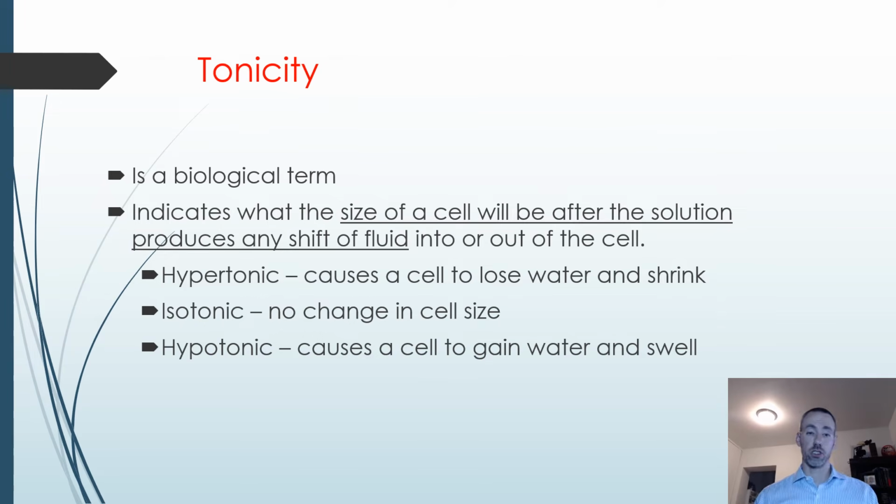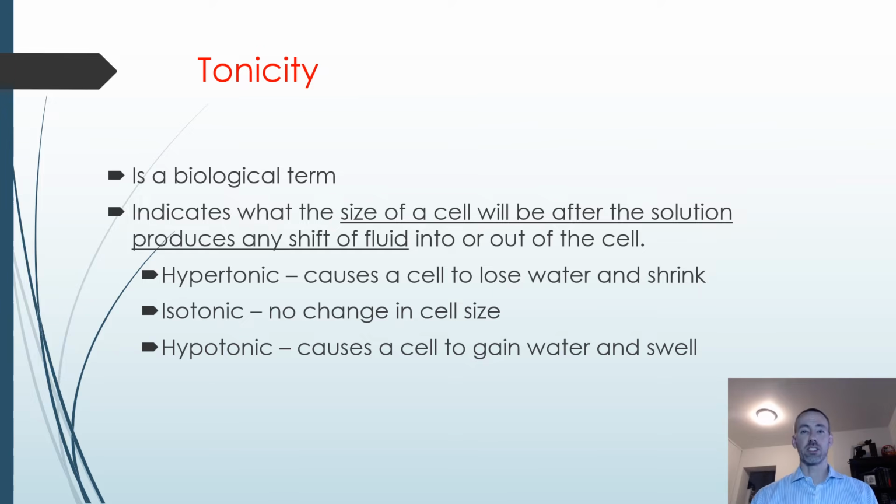Tonicity is a biological term. This indicates what the size of a cell will be after the solution produces any shift of fluid. I'm going to show you some experimental concepts with this, but this pertains to actually giving solutions to people as well, whereas I compare initially the solutions to each other. Let's say the person's osmolality is 285 milliosmoles.